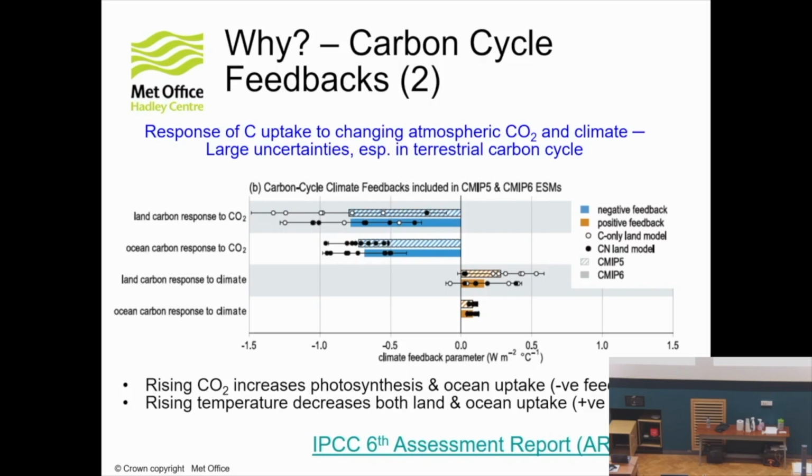So, for example, if we were to look at the land carbon response to carbon dioxide, what we're seeing is that as CO2 increases in the atmosphere, the trees quite like CO2, so they will grow more, and that acts to reduce the airborne fraction and hence would give rise to a lower radiative forcing per degree.